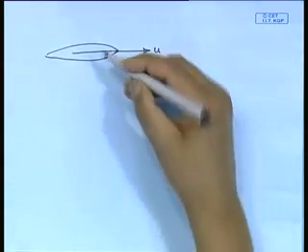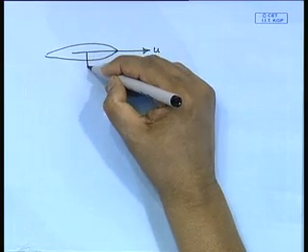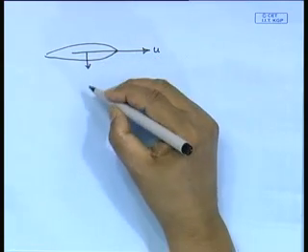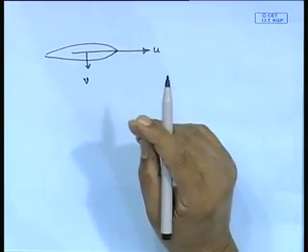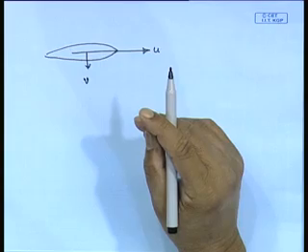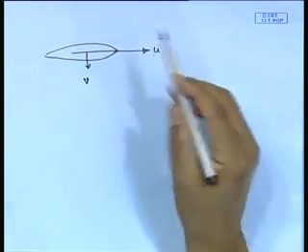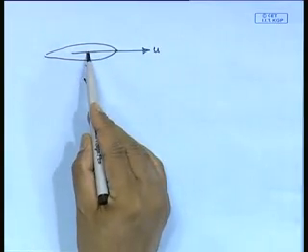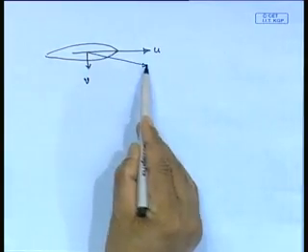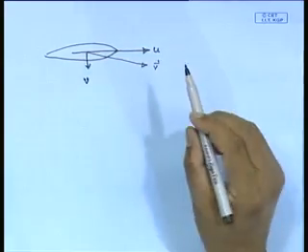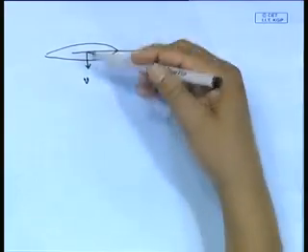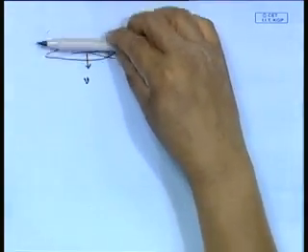Now I am trying to give it a velocity here, v. What we want to look at is that supposing the ship is going with this velocity vector here, that means it has a component of velocity this side.